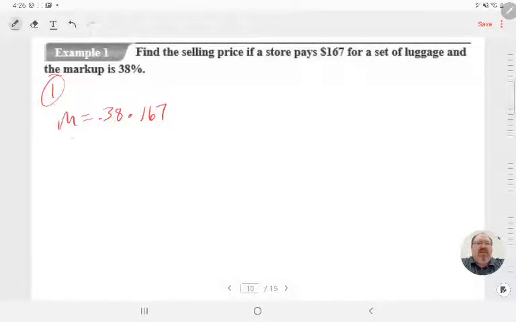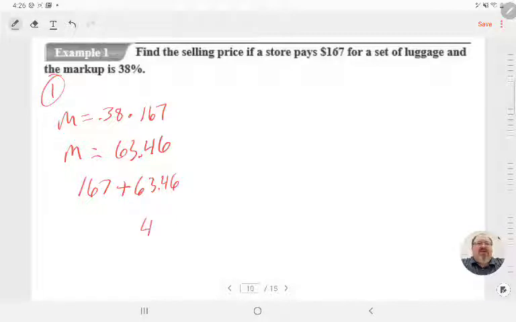That's going to give me a markup of 63.46. Then I simply take the 167 plus 63.46.